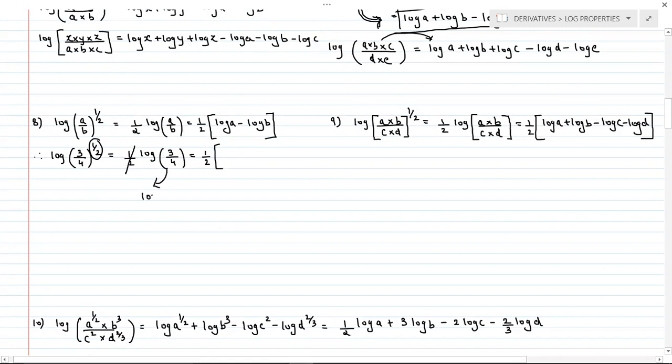Can I say this looks like log a by b? According to the property, we know that log a by b can be written as log a minus log b, yes or no? The same thing we are going to do here now. We'll keep that 1 upon 2 part as it is, and we'll apply the property. So we can write it as log 3 minus log 4.